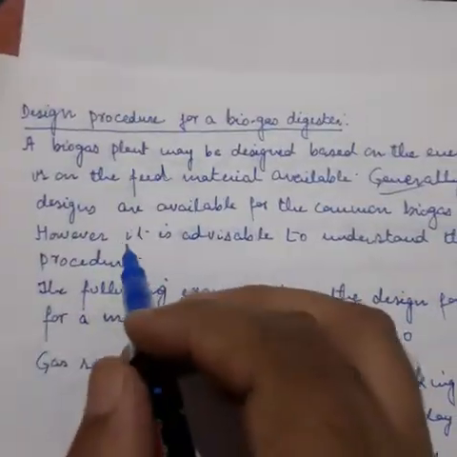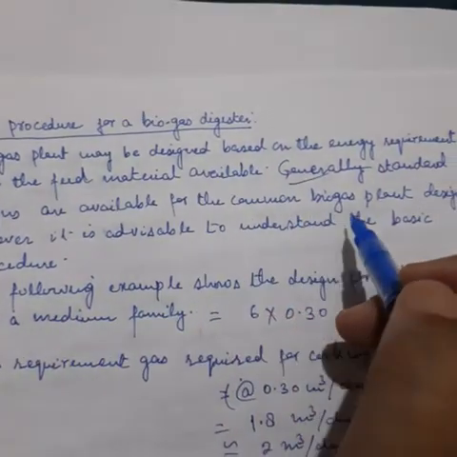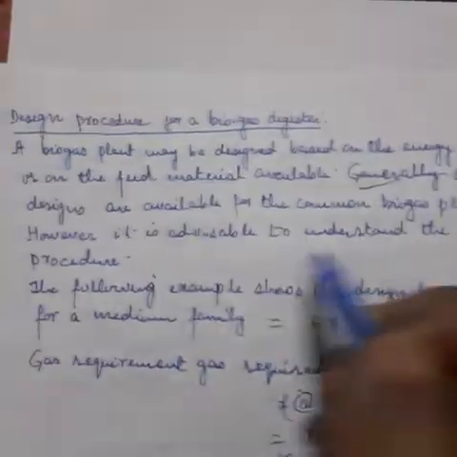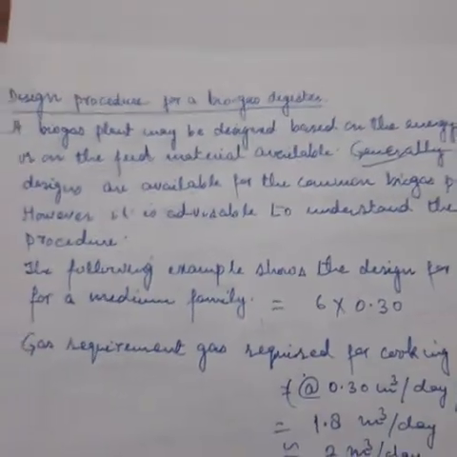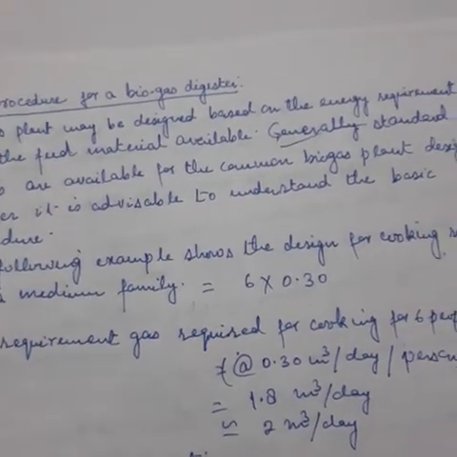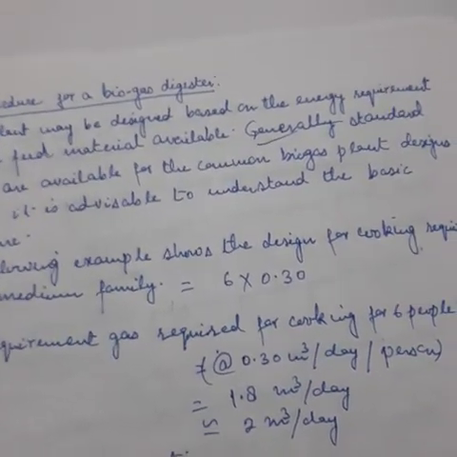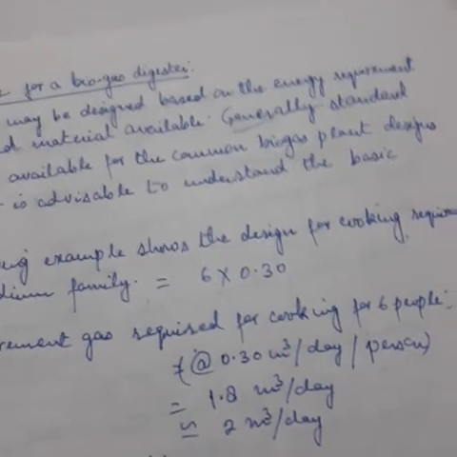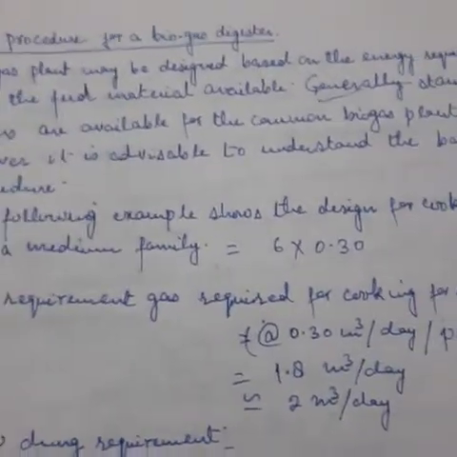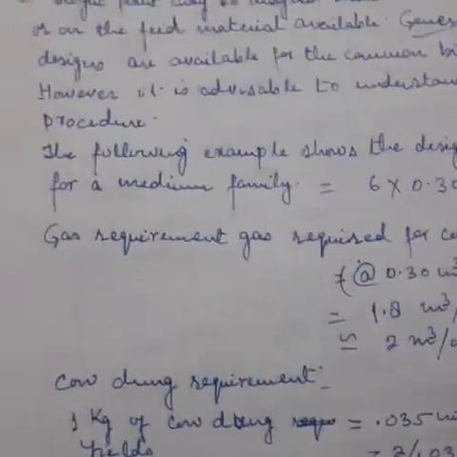Generally, standard designs are available for the common biogas plant designs. However, it is advised to understand the basic procedure. Designs of biogas plants based on standardization are available on the market, but basically we have to know how it is calculated, the design calculation.